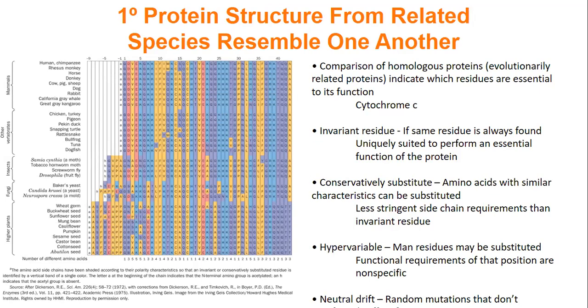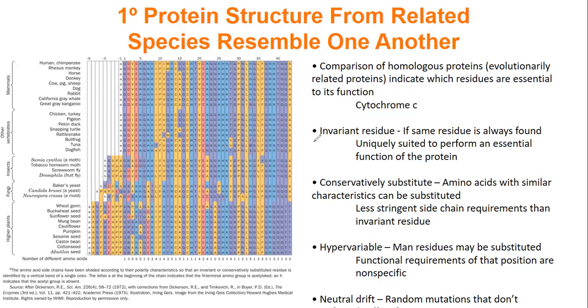Homologous proteins are proteins in different organisms that basically have the same function. And so here we're looking at the protein called cytochrome C. And we've just lined up the primary sequence from many different organisms, from mammals, vertebrates, insects, fungi, and plants for cytochrome C. And when you look at the primary sequence, you can find out certain things.